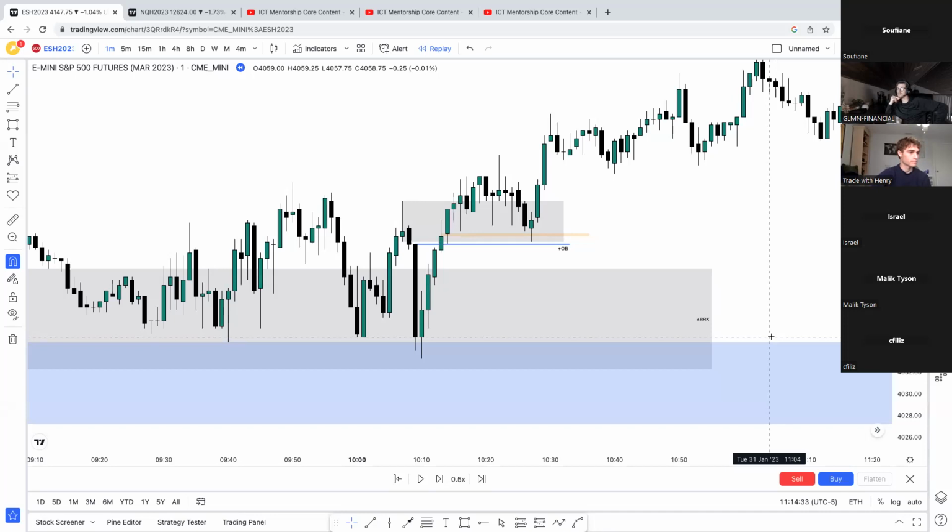So that's a cool thing to refer back to regarding what you were mentioning before. The wicks can pass through it. It's not like an order block where the body has to confirm in another way.